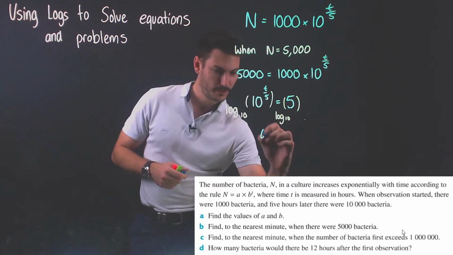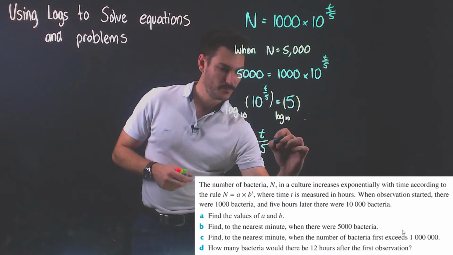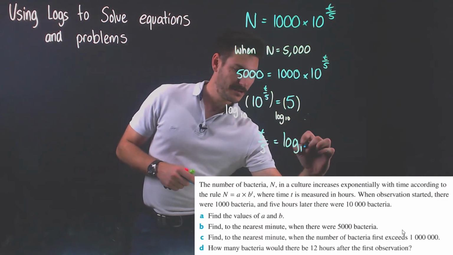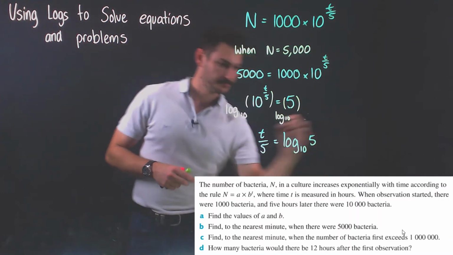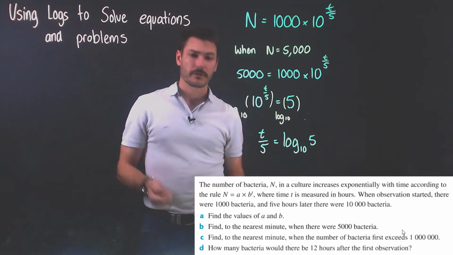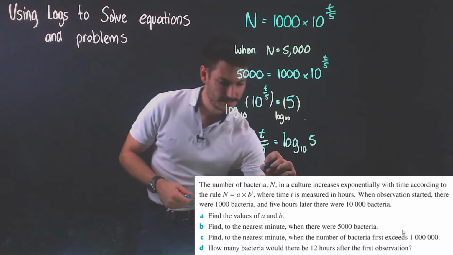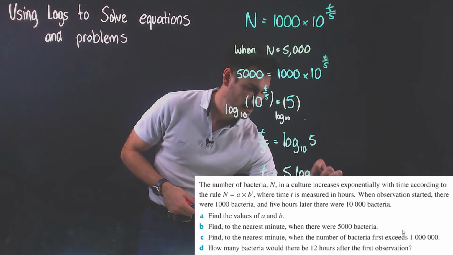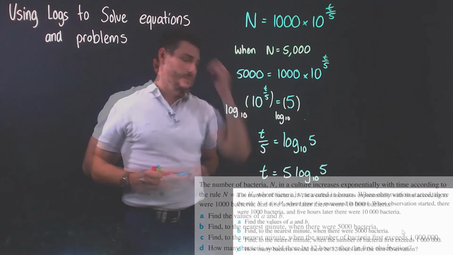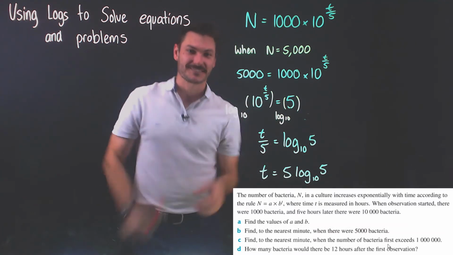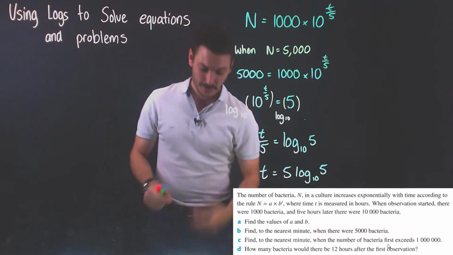I'm wary of the fact I'm close to running out of room. T on 5 is going to be equal to log base 10 of 5. Okay, we're getting somewhere, and finally, I'm going to multiply through by 5 and get the expression t equals 5 log base 10 of 5. All right, great. And this is where the extent of my knowledge runs out. And I, of course, have to use my calculator, which I'm going to bring up now.